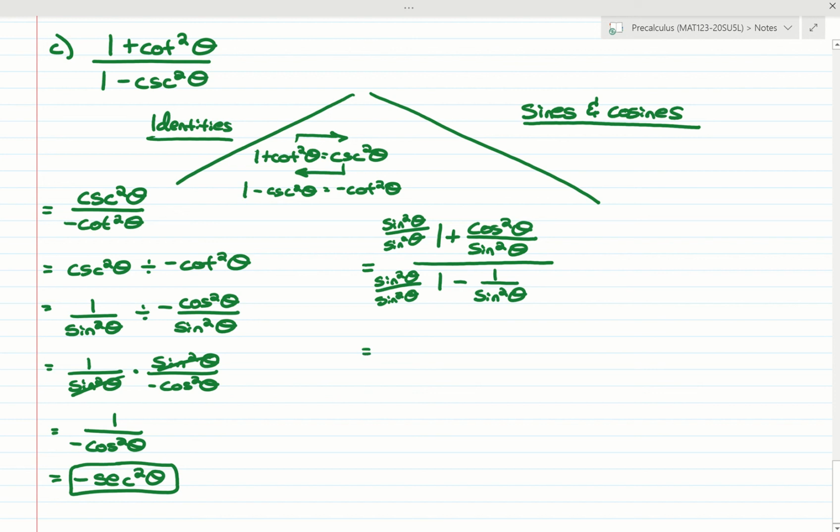So what we get is the top, sine squared of theta plus cosine squared of theta over sine squared of theta. That's the numerator with a common denominator and combined, divided by our denominator, which would be sine squared of theta minus 1 over sine squared of theta.